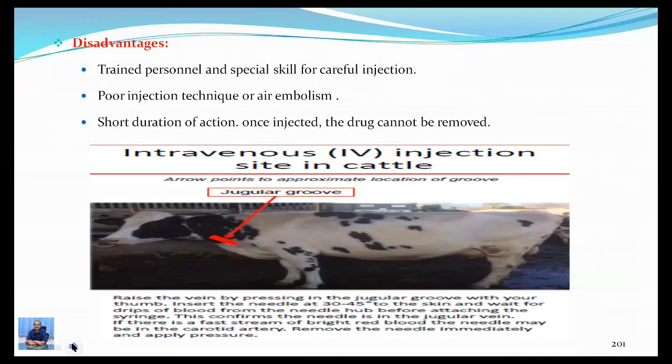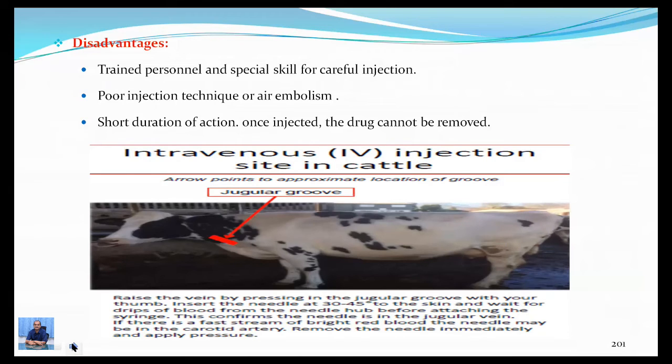That's one of the disadvantages of this particular route. And a trained, skilled person is very much required, maybe a doctor or a paraveterinary staff, for intravenous administration. Embolism is one of the common disadvantages, and so is short duration of action. If you administer the entire drug simultaneously, there is very fast excretion of the drug.